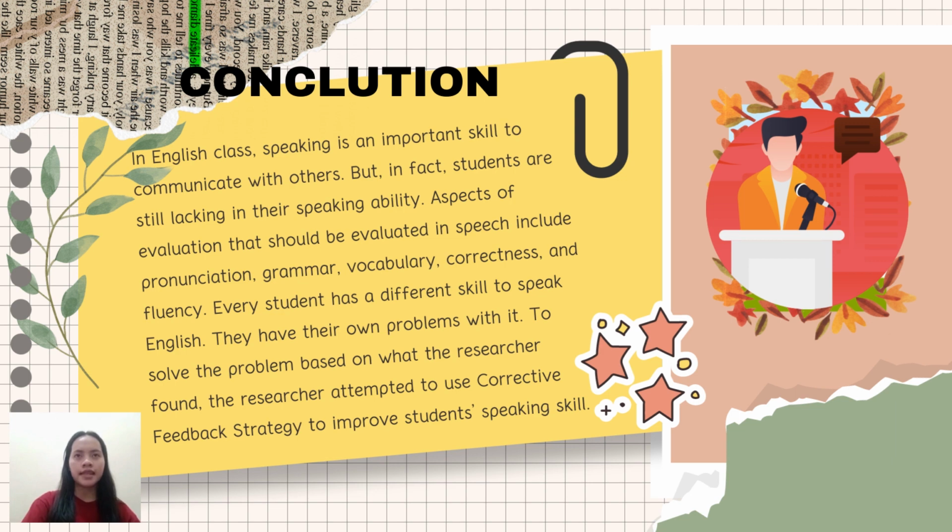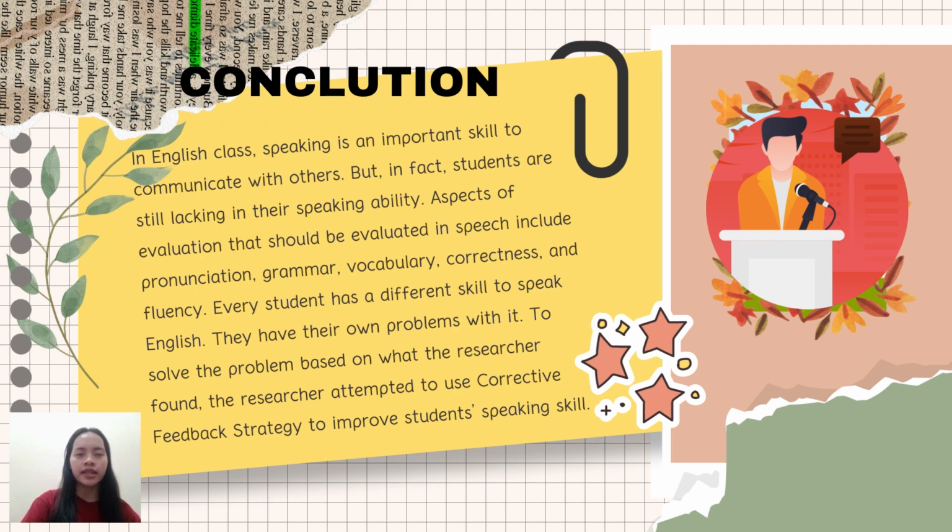Okay, for the last is conclusion. In English class, speaking is an important skill to communicate with others, but in fact, students are still lacking in their speaking ability. Aspects of evaluating this should be evaluated in speech, including pronunciation, grammar, vocabulary, correctness, and fluency.